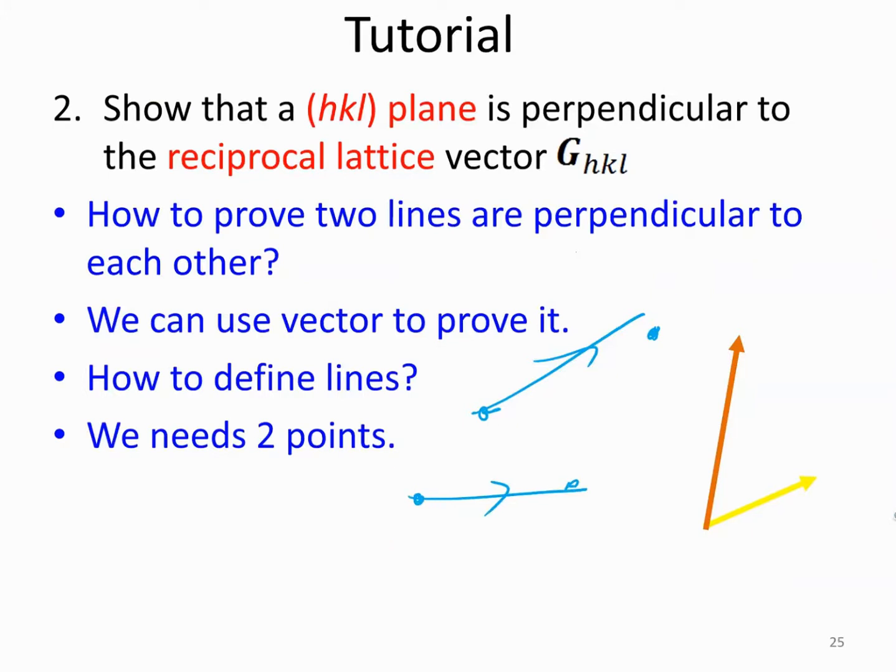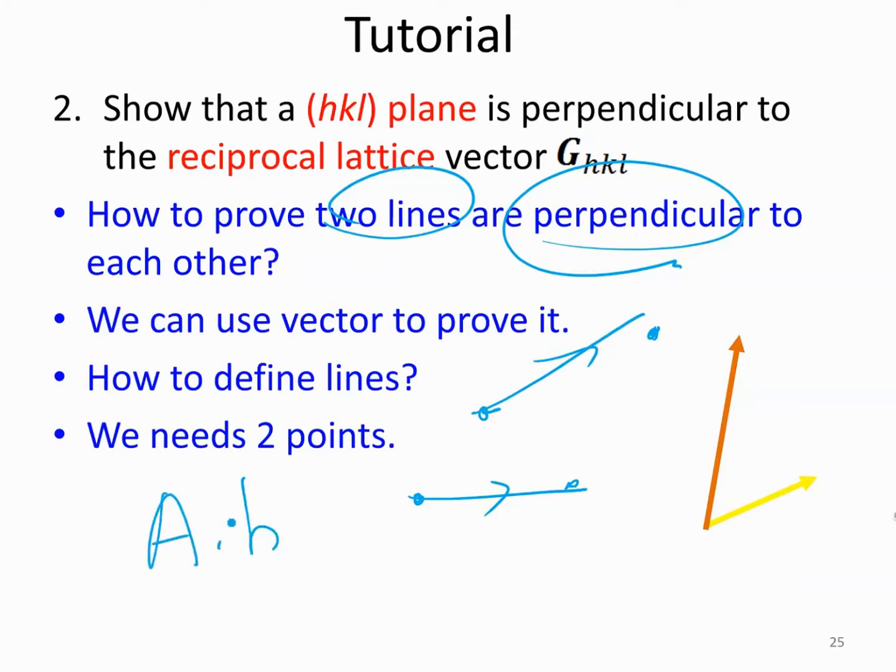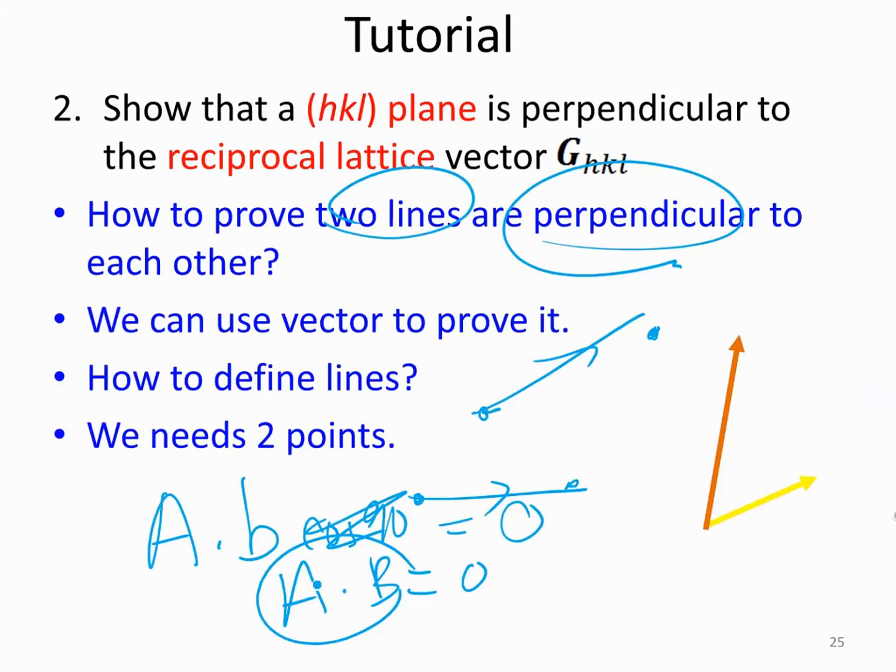I repeat again. We want to prove that 2 lines are perpendicular to each other. How to prove it? We can use a vector. Let's say A dot B. If it's cos 90, then you will get 0. If A dot B gives you 0, then I can say that these 2 lines are perpendicular to each other.